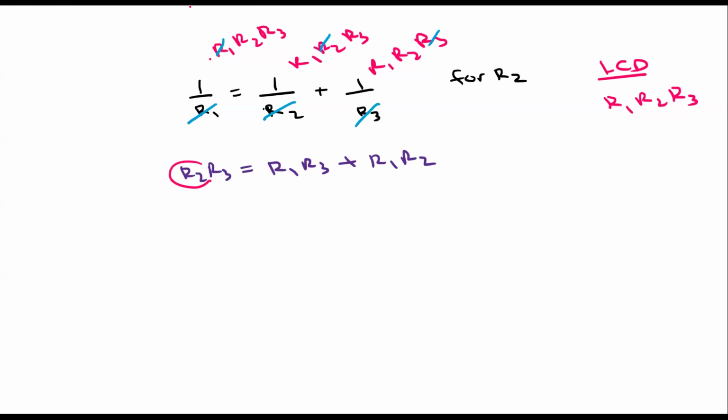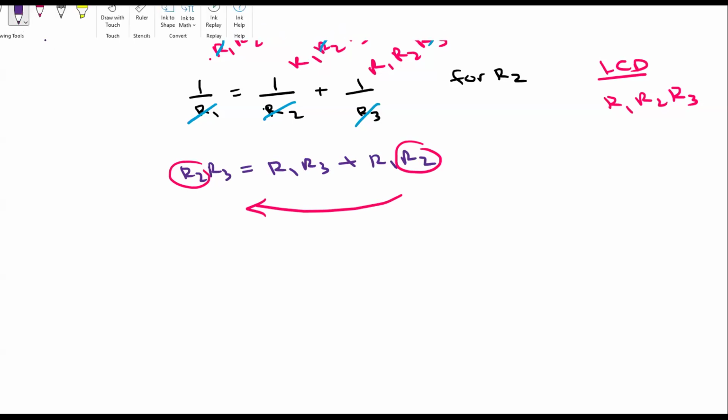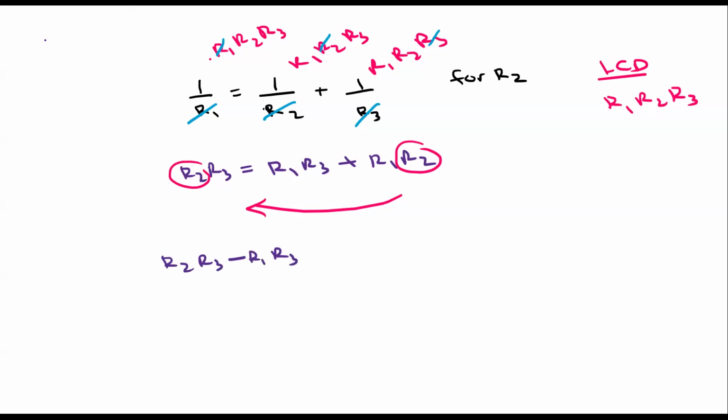So R2 is here, and then R2 is also here. Okay. So we want to combine those together. So we're going to move that term to the left. So we are going to have R2, R3 minus R1, R3. So basically I'm just subtracting R1, R2 on both sides. Okay, so that's how I'm able to do it.